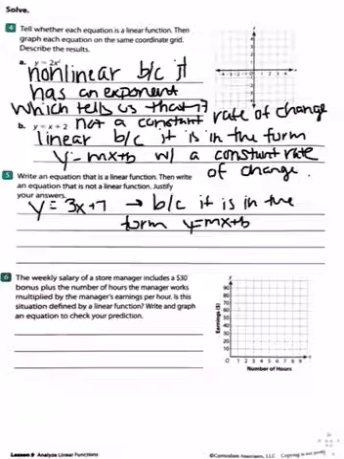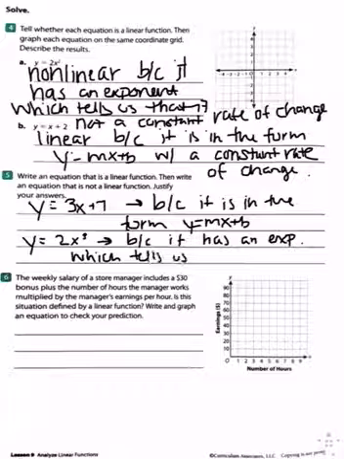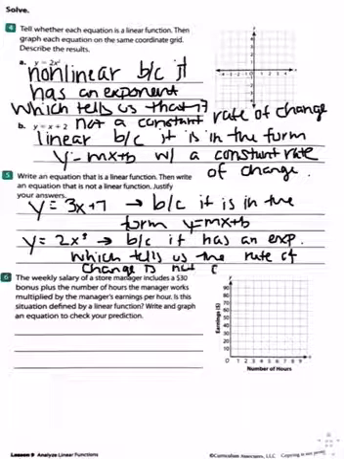My nonlinear equation is going to be y equals 2x to the third power because it has an exponent, which tells us the rate of change is not constant.